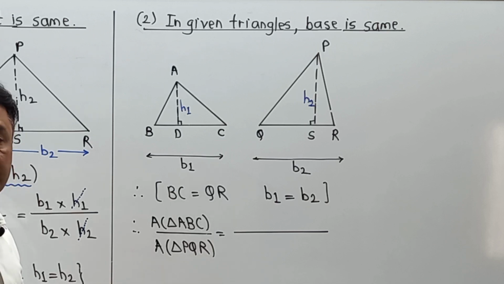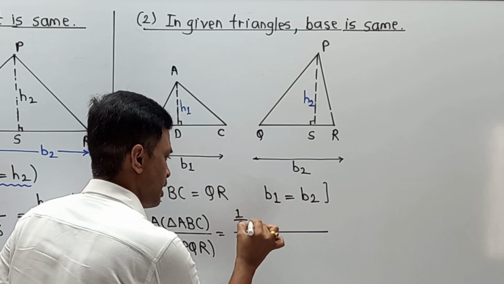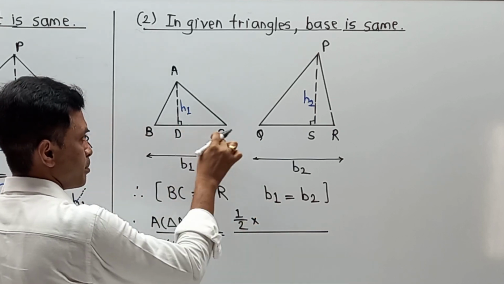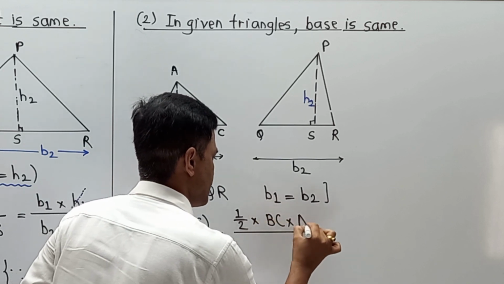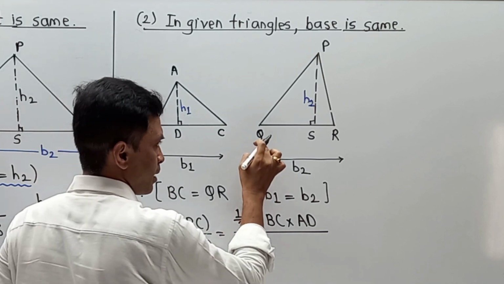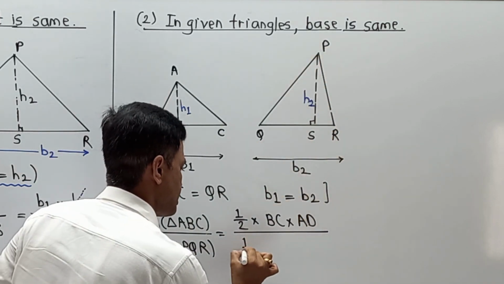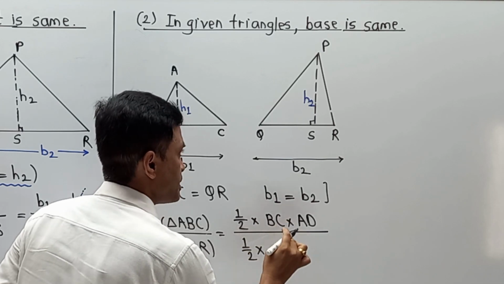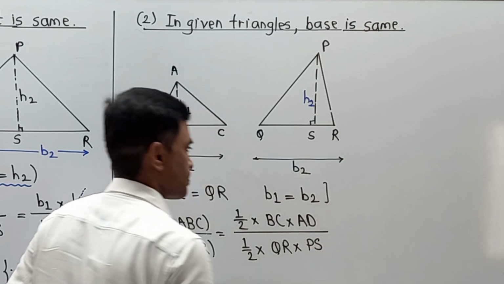Our formula remains the same, half into base into height. So it becomes half into base BC into height AD, divided by area of triangle PQR, having half into base QR into height PS.